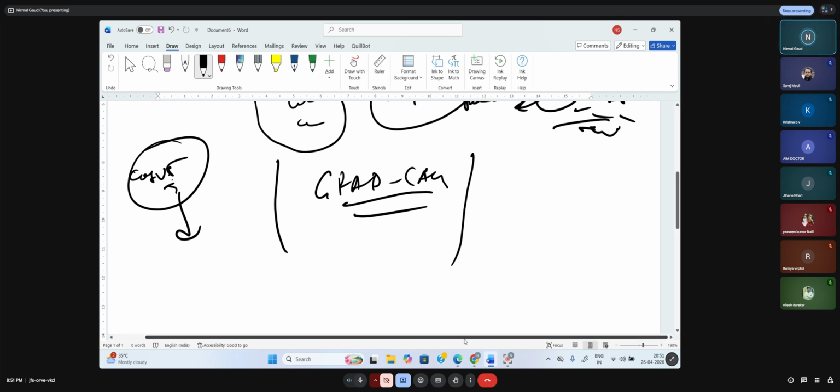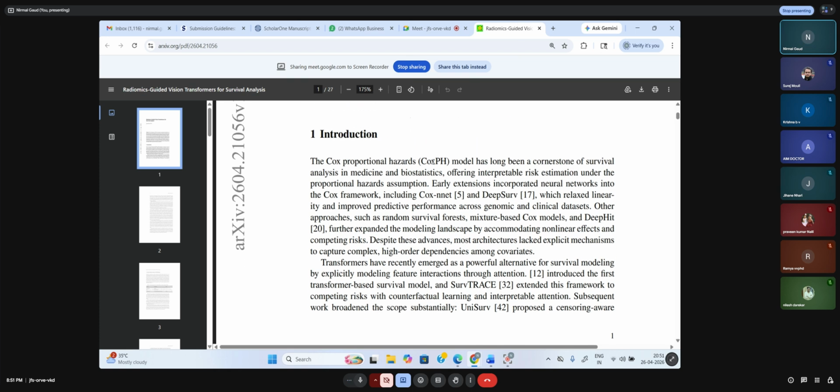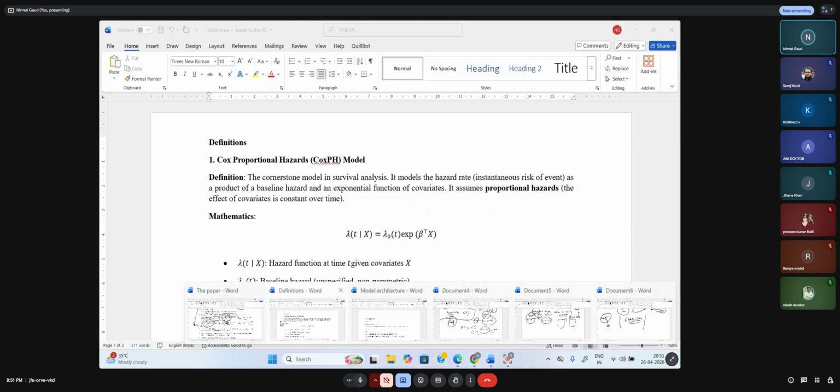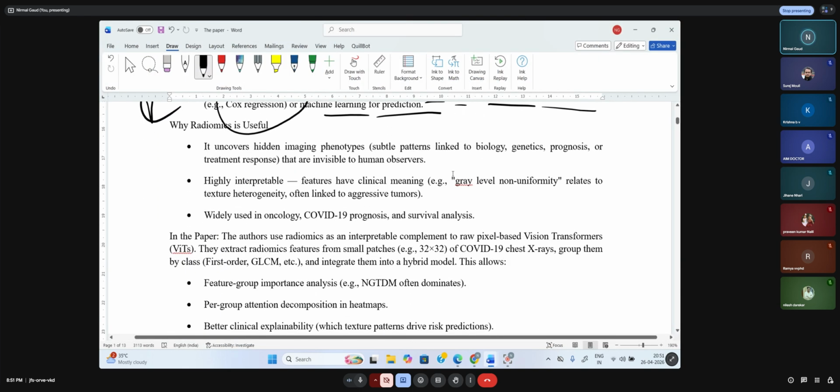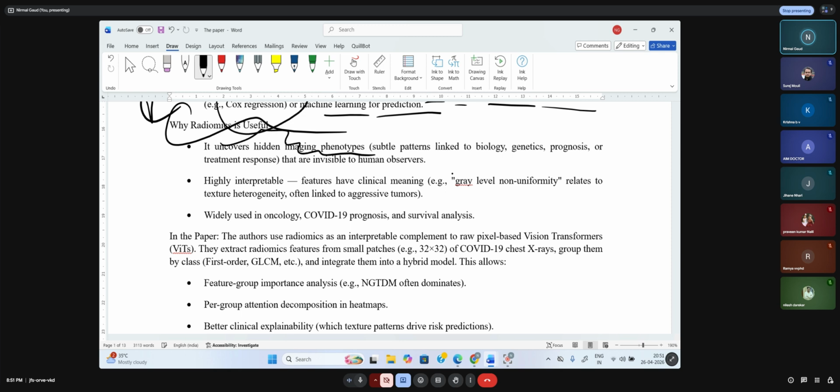All right. So the authors go in depth on vision transformers, and I was teaching you the notes. Why is radiomics useful? It covers hidden imaging properties, is highly interpretable, captures gray level non-uniformity, and is widely used in oncology and COVID-19 survival analysis. That is why this radiomics, this mathematical representation of pixels or image data, is important.